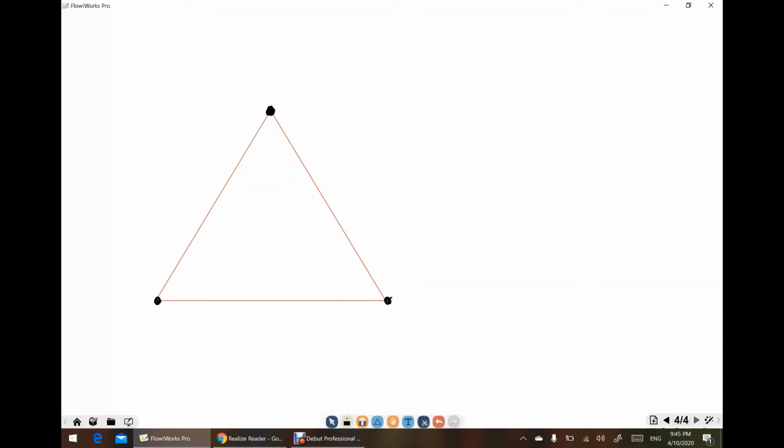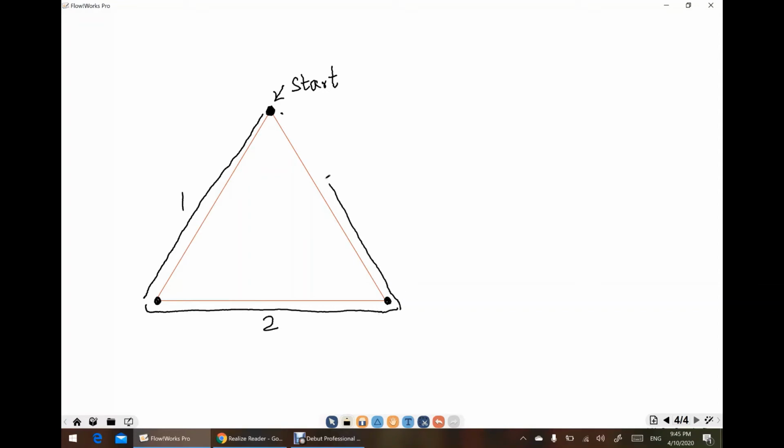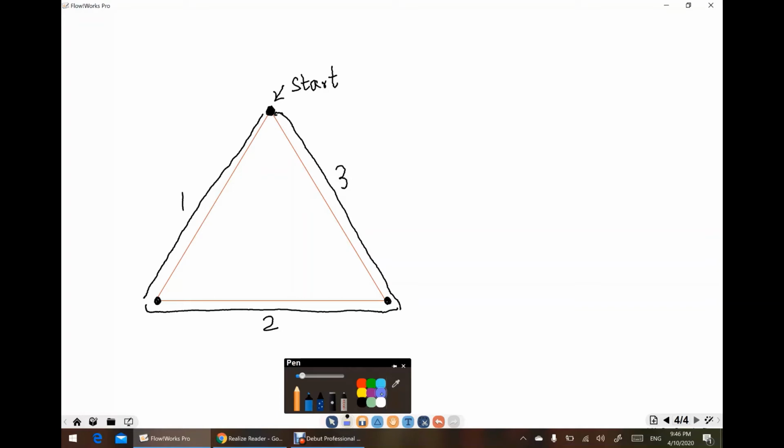Now place your finger here, start here, and come all the way. You will end again over here. So let's start. This is one side. Then you move here. This is another side. Then you come back again here. 3 sides. So what did we just do? We started from here and came back here again. So this is a closed shape.